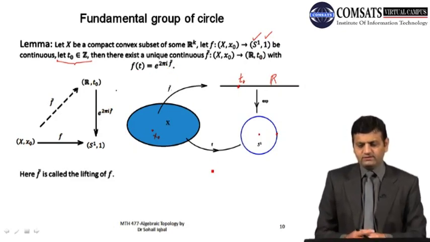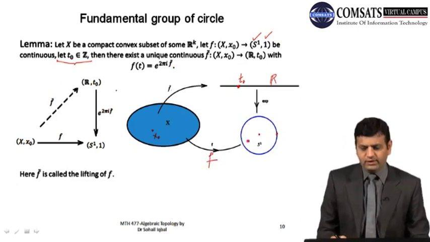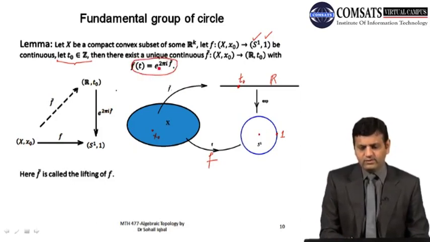So what does this result say? This result says that if I have a continuous function between these two pointed topological spaces, then this f can be written as f of t equal to e raised to power 2 pi i f tilde.